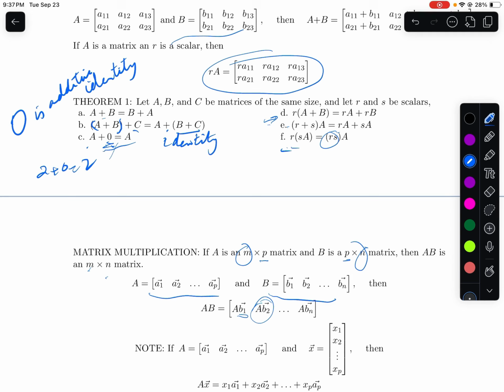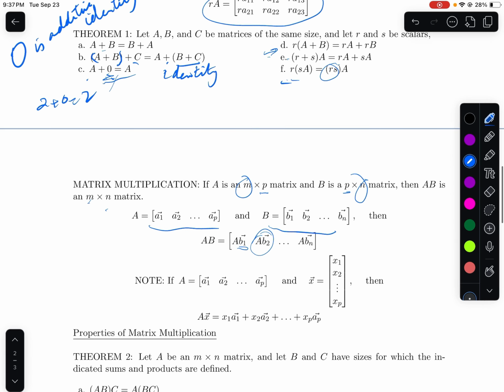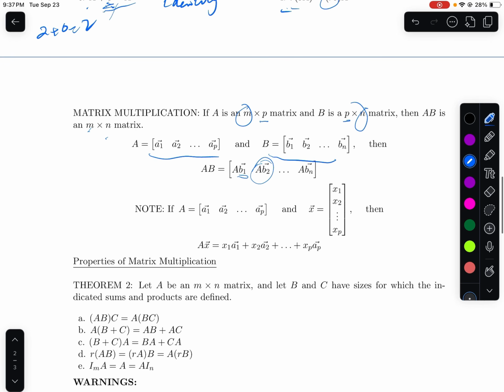Then A times B will be the matrix A multiplied by the vector B1, then the second column of the AB matrix will be the matrix A multiplied by B2, the second column of B, and so on. It might look a little complicated, but when we do examples, you should be able to see that.